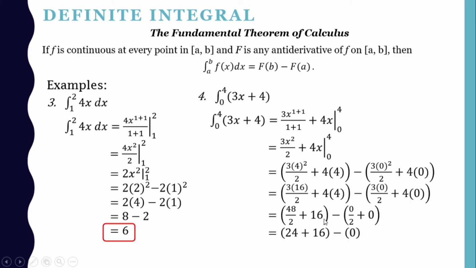Simplify. 48 over 2, that's 24, plus 16, minus 0 over 2, that's 0, plus 0, that's still 0. So 24 plus 16 is 40, minus 0, that's still 40. So the definite integral of 3x plus 4 dx from 0 to 4 is 40.